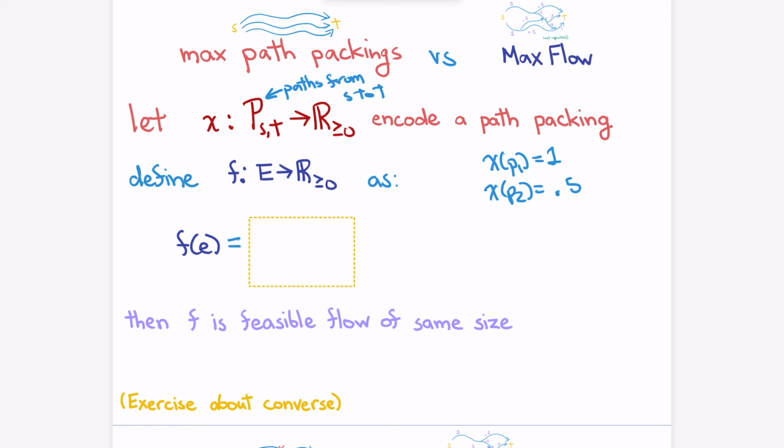Okay, should F be the max? Oh, okay, so of all the paths using it, what's the largest value assigned to it? Okay, that's reasonable. Would that conserve flow?